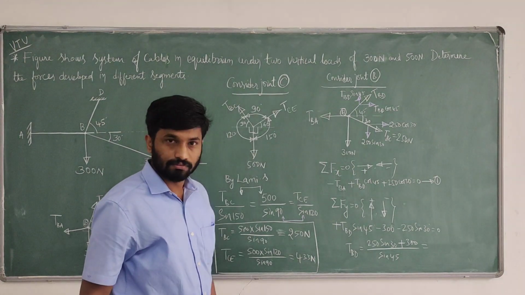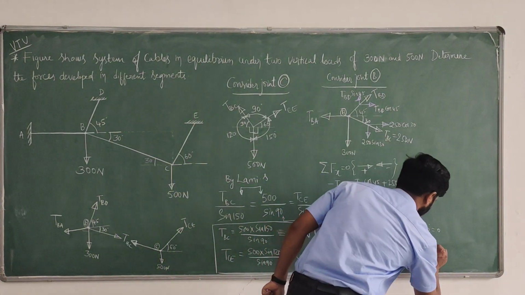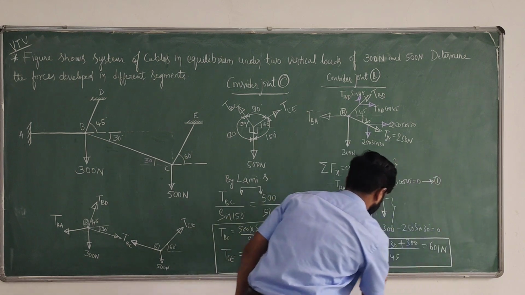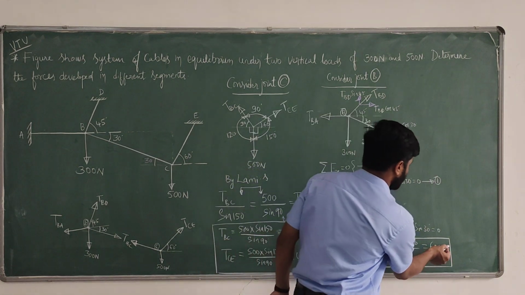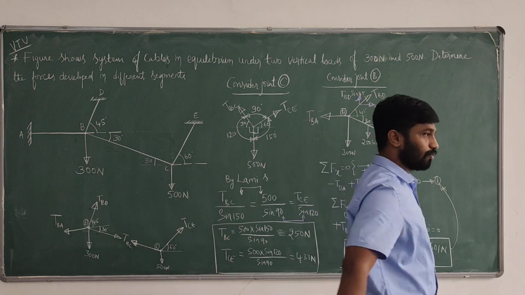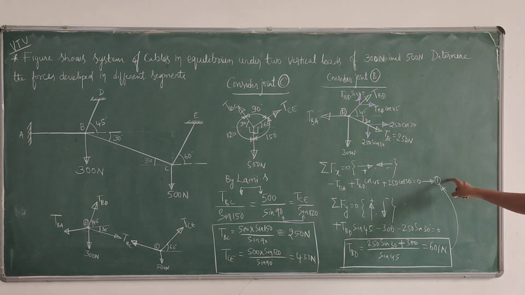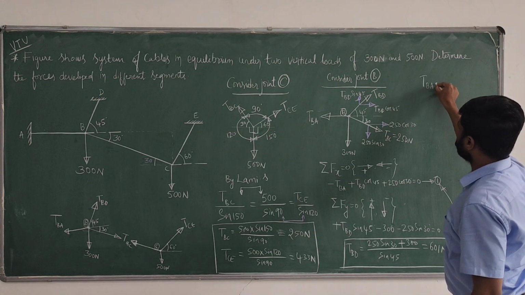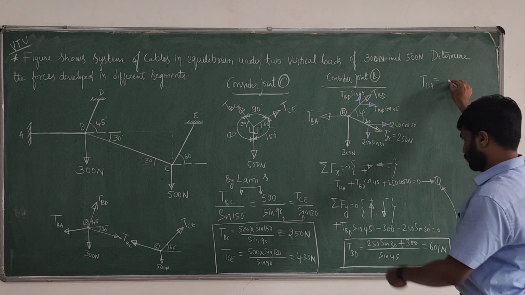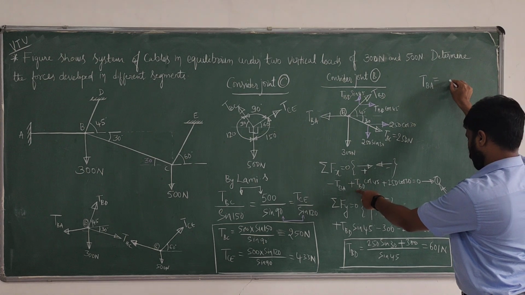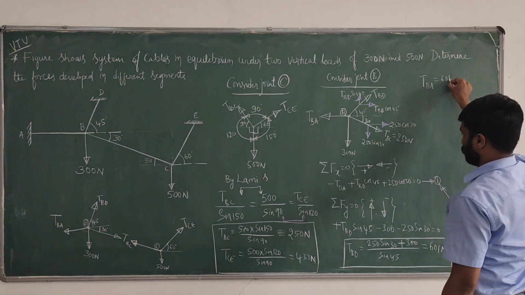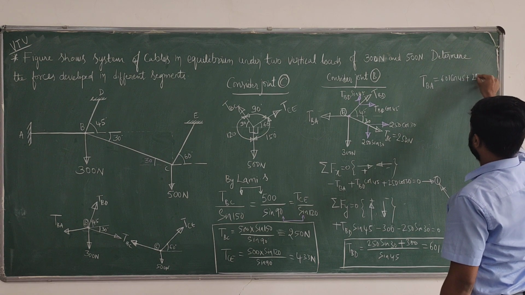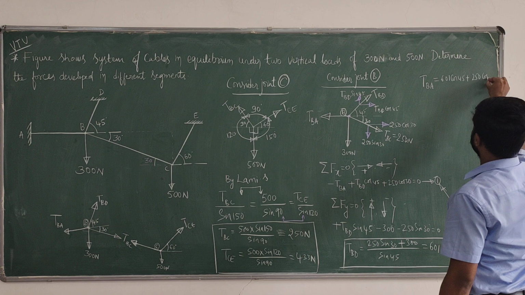What about the TBD value? 601 Newton. Once we got the TBD value, substitute this value in equation number 1. If you substitute this value in equation 1, we are getting TBA equals TBD value 601 cos 45 plus 250 cos 30.